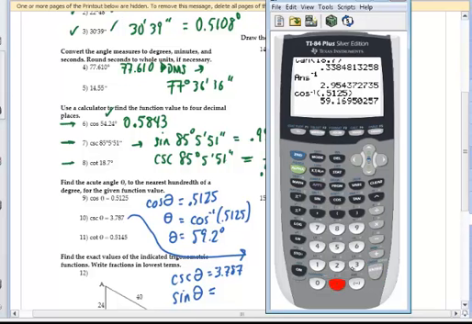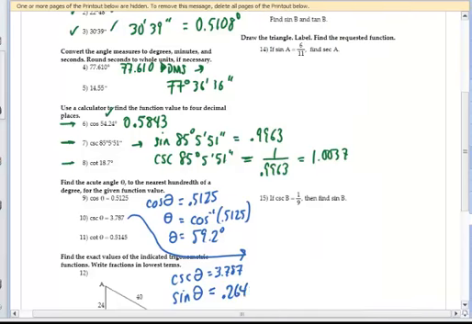So I'll reciprocate the number. I'll get 0.2641. So now I know my sine ratio is equal to that.